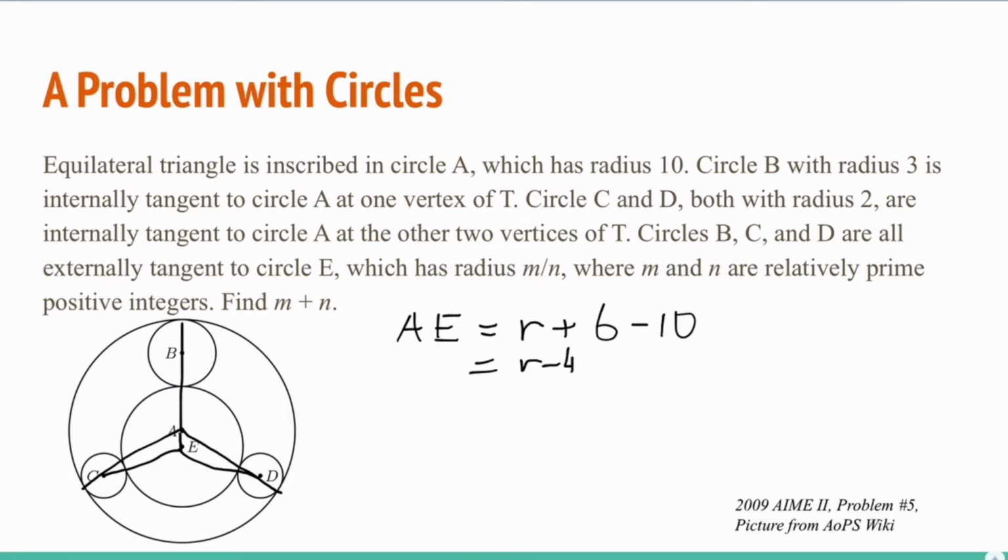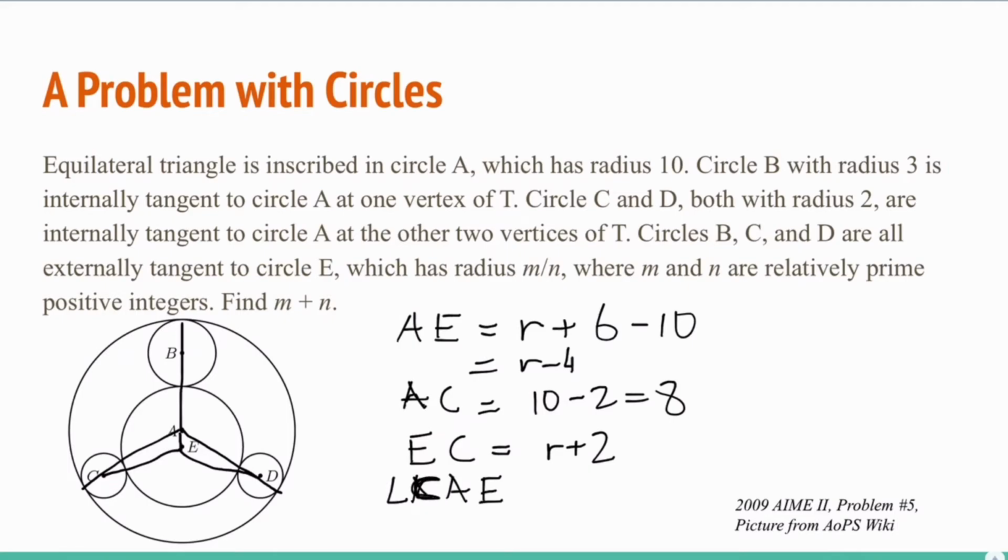We also have that AC is equal to 10 minus 2, or 8, and EC is equal to r plus 2. We also have angle CAE. Because all of these arc lengths are equal, angle CAD is 120, so angle CAE is 60.